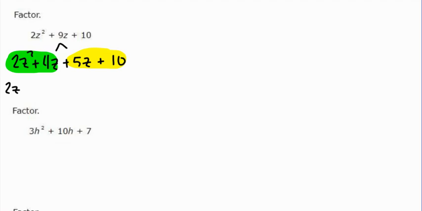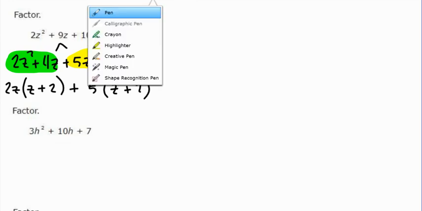To get 2z squared plus 4z back, 2z times z gives me 2z squared, and 2z times 2 gives me 4z. Now I'm going to do the same thing with this 5z and 10. I can factor out a 5 here, and 5 times z gives me 5z back, and 5 times 2 gives me that 10.